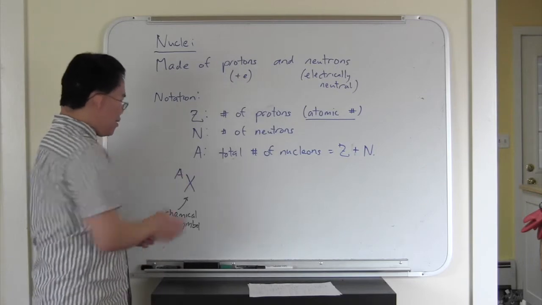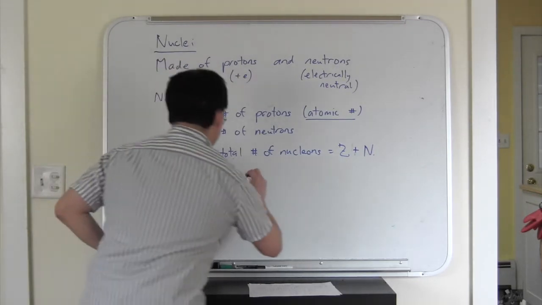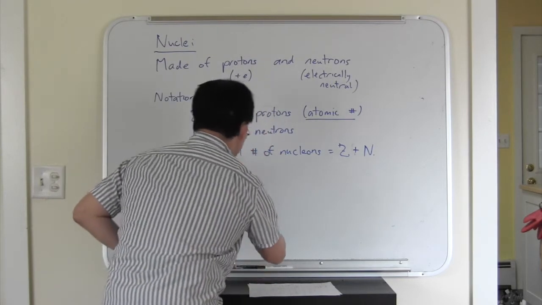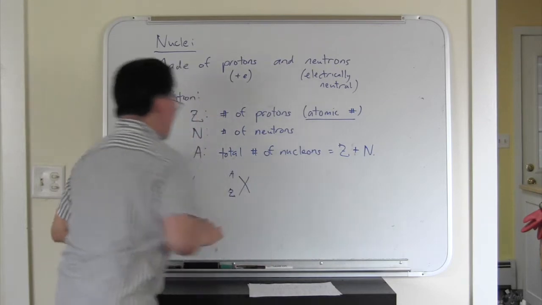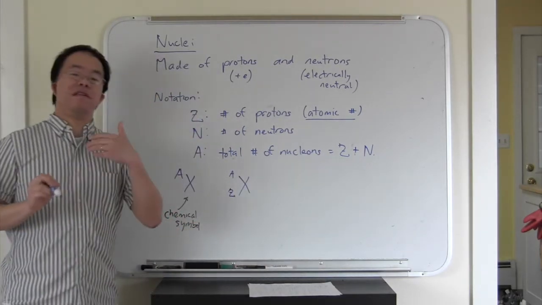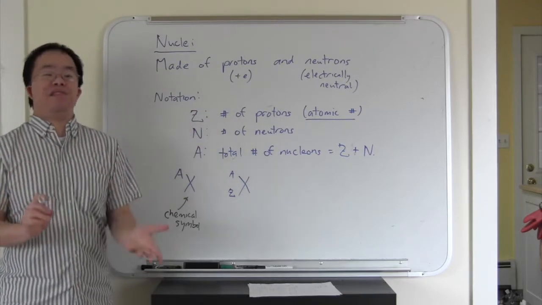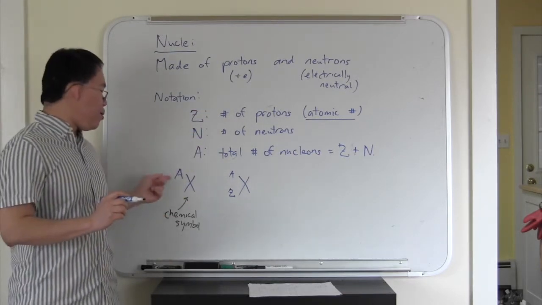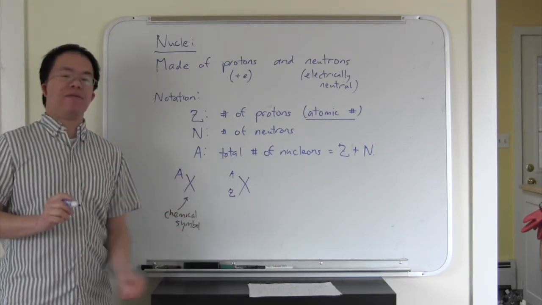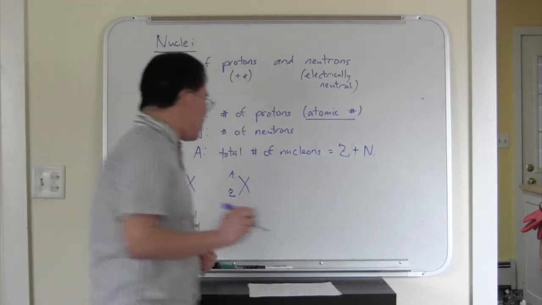So one will either write this, or sometimes one writes X with A and Z, although this is somewhat redundant, right? Because the atomic number, the number of protons, determines what the atom is. And so if you know A and the chemical symbol, or what atom it is, you can always infer what Z is.